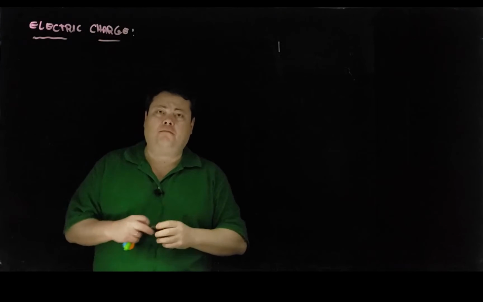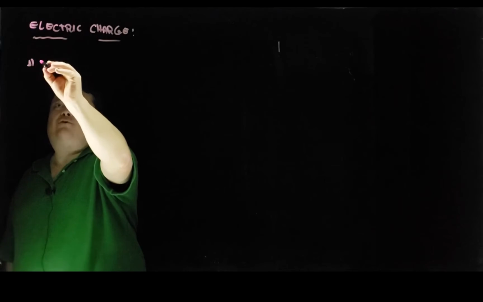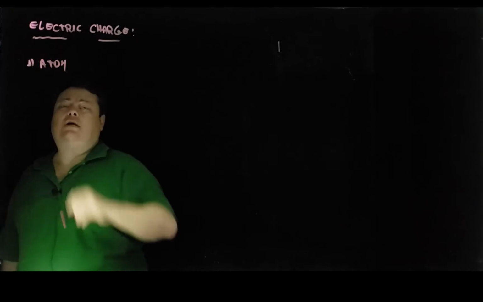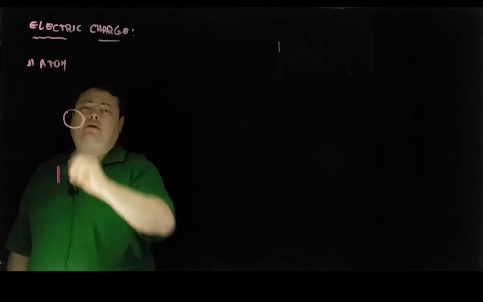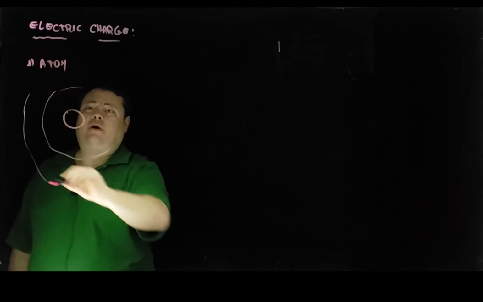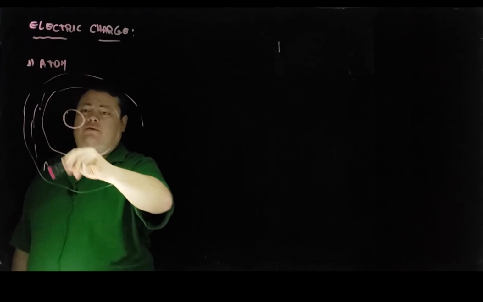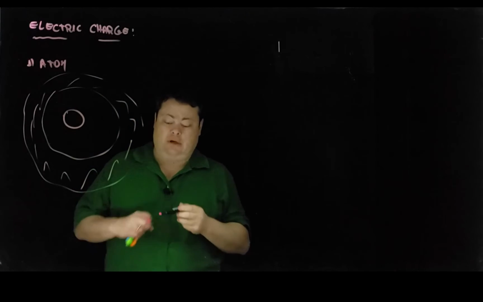So basically, the atom itself is composed of a nucleus in the center and a cloud of electrons around it. So this region here is where we have a cloud of electrons.